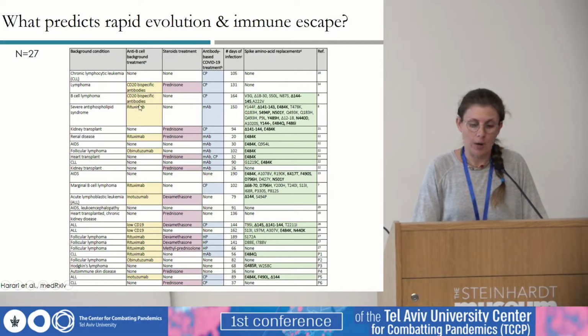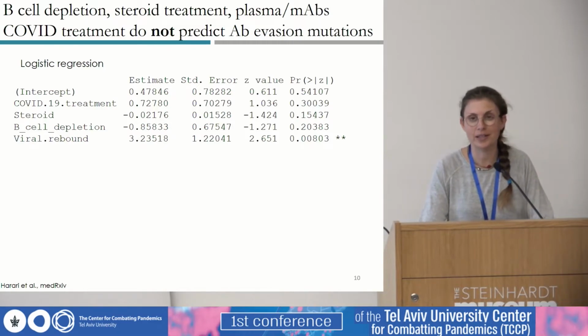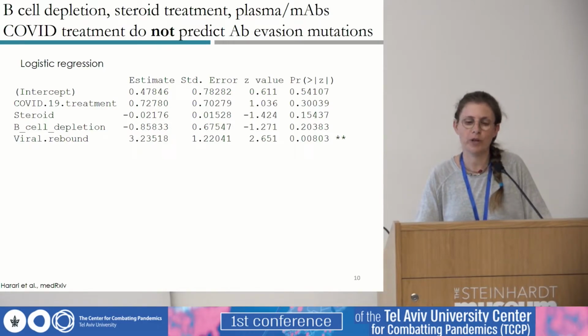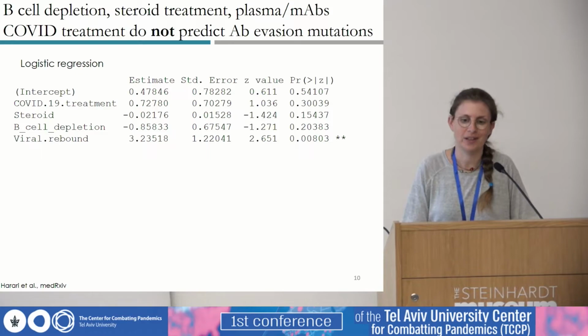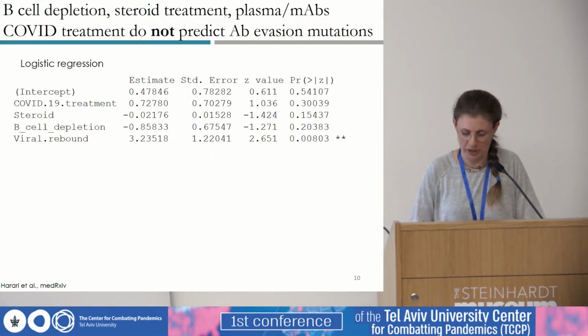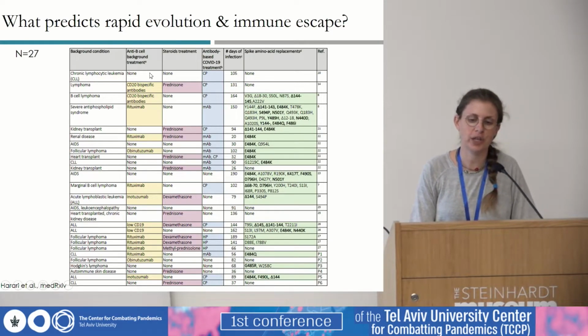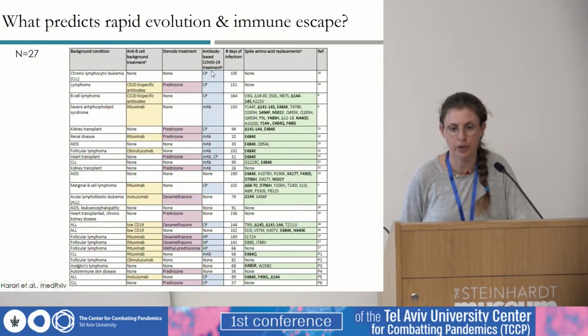And so what we did here first is we performed a logistic regression to try and see what feature actually predicts an outcome of an antibody evasion mutation. Actually, none of these features here, which is either anti-B cell background treatment, steroid treatment, or antibody-based COVID treatment, none of them predicted antibody evasion.